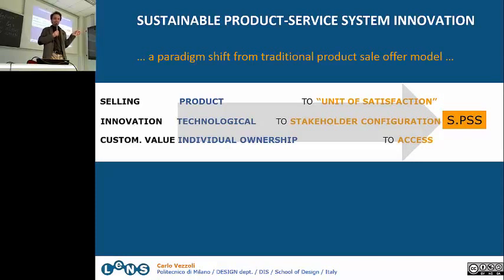The other thing that characterizes this is that the customer perceived value is not in the ownership of the product. I have my car, but on the access and what this is giving to me. Like, for example, you know very well, it's very easy to be understood, the car sharing. It's not about having a car, but being able to have a car to move and to go somewhere. All right? And the other thing is that the innovation is even technological at the end, that is very important.